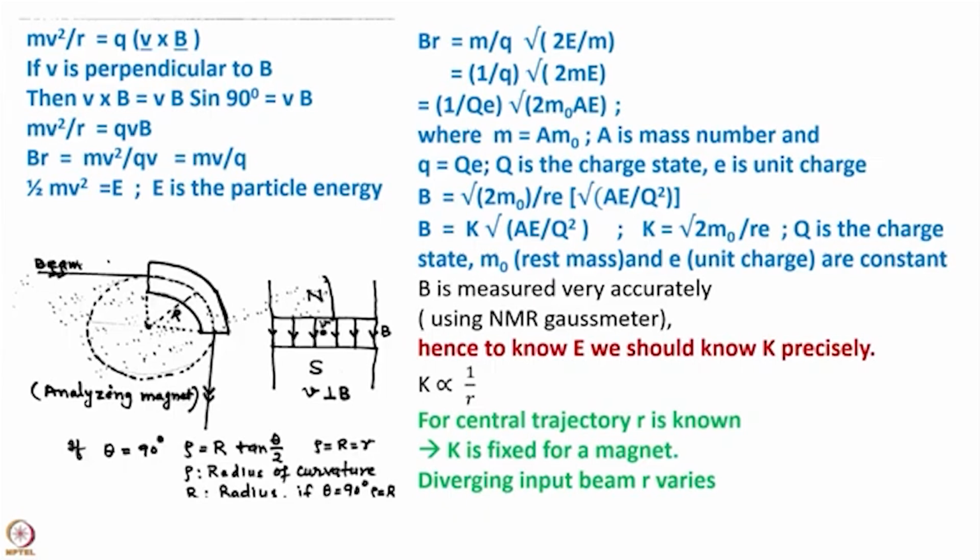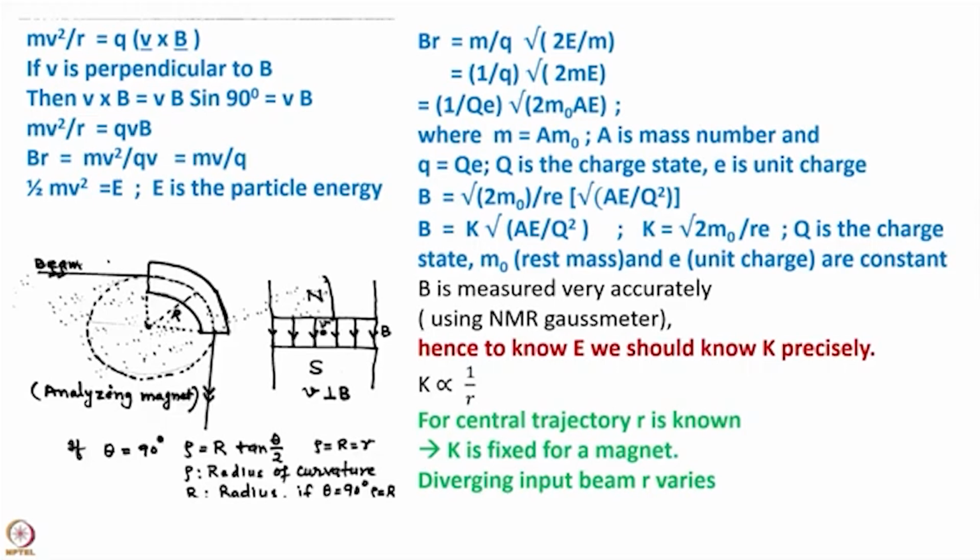Then v cross B equals vB sin 90 degrees, which is equal to vB. This is only for 90 degrees, but you can write the general expression with sine.